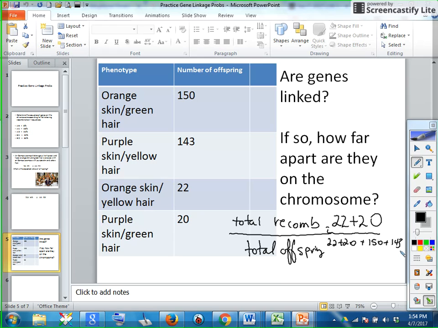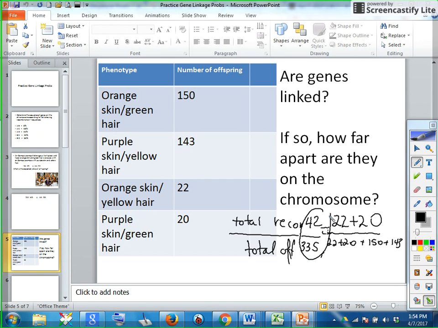I have a magical math machine. This total is 42, and 42, and 150, and 143 gives me 335.